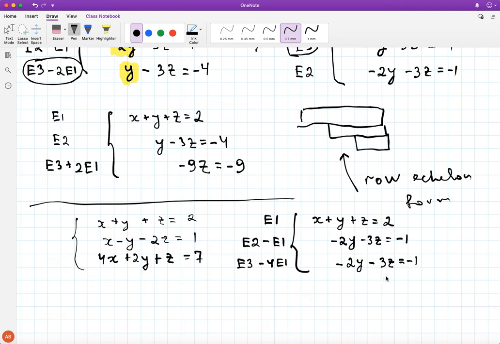It's hard not to notice at this point that the second equation became exactly the same as the third equation.